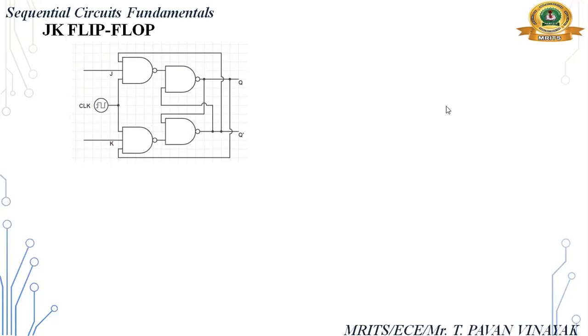So characteristic table. What is the characteristic table? It is the relationship between J, K, previous state and present state.